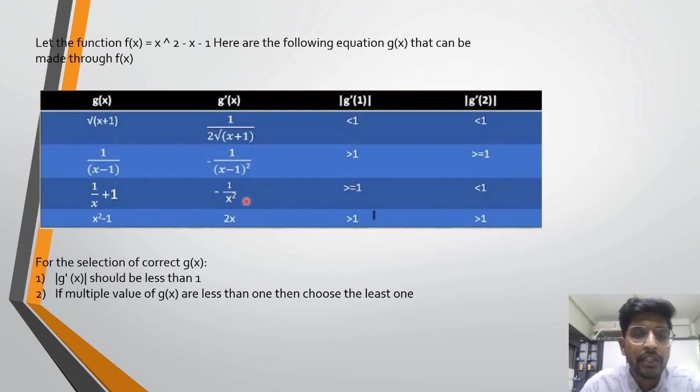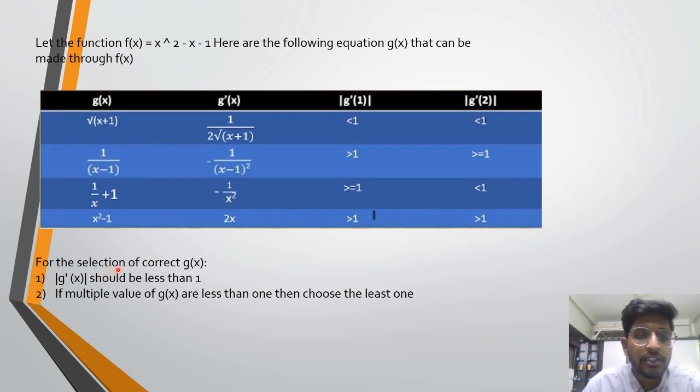When we substitute x equal to 1 in minus 1 upon x square, it's greater than or equal to 1. When we substitute x equal to 2 in g dash x, we get a value less than 1. When we substitute x equal to 1 in 2x, we get a value greater than 1, and for x equal to 2, it's greater than 1 as well.